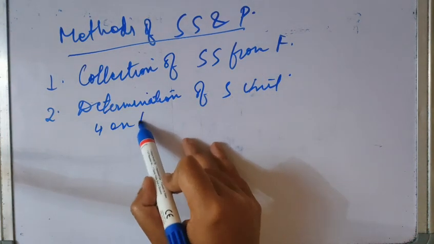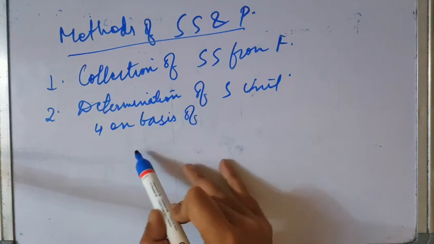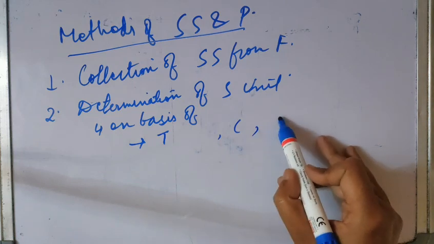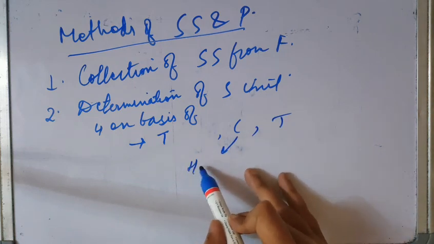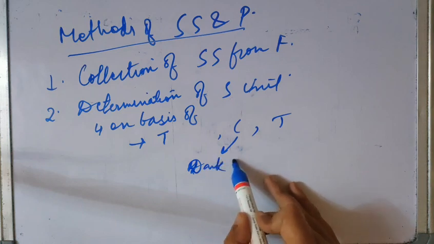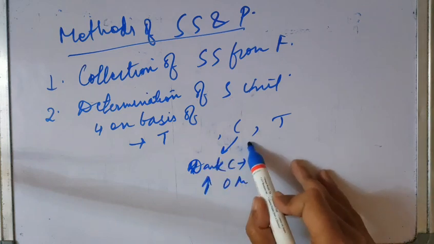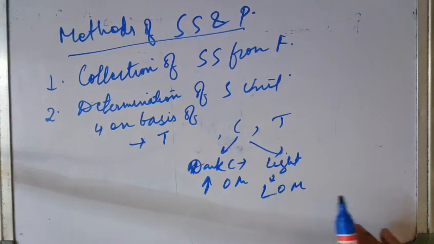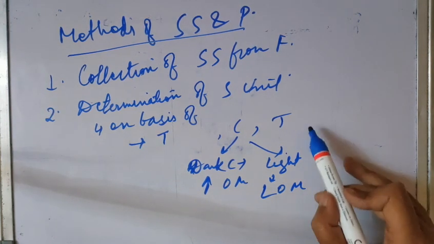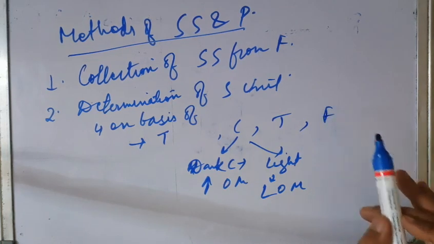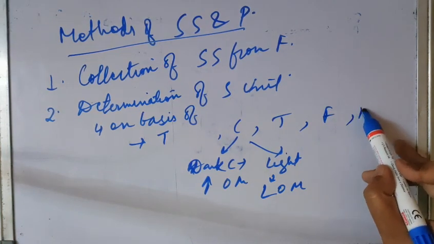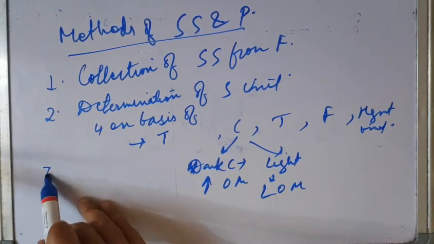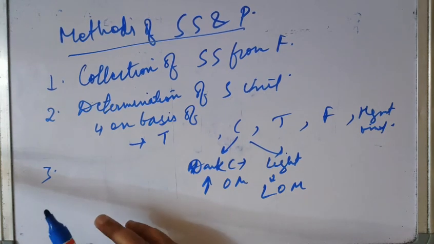On what basis? On the basis of topography, color, texture. As for color, you can see high or dark color is equal to high organic matter, whereas light color is equal to low organic matter. So color, texture, fertility status, management unit, etc.